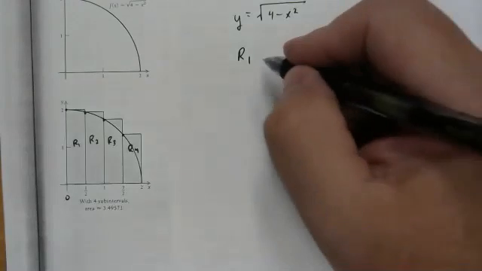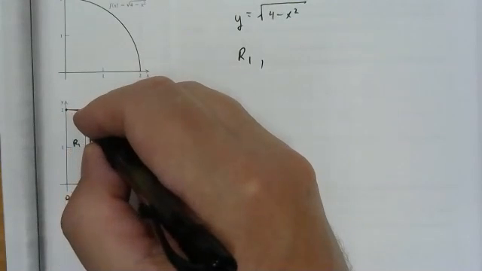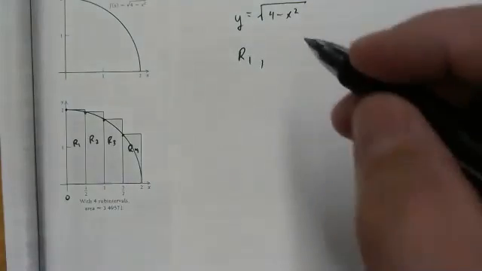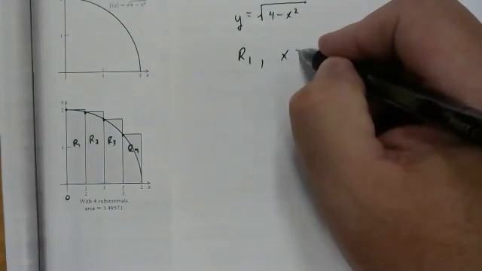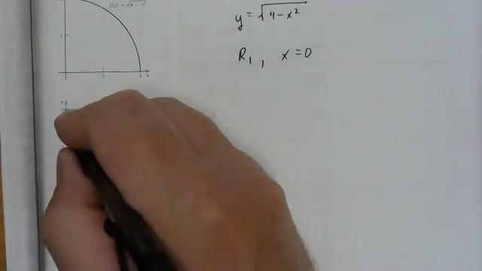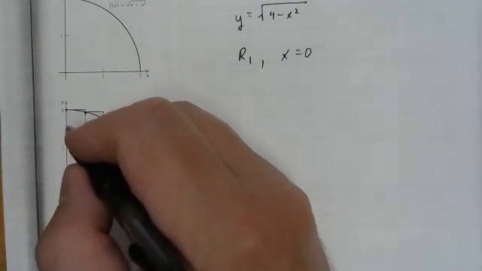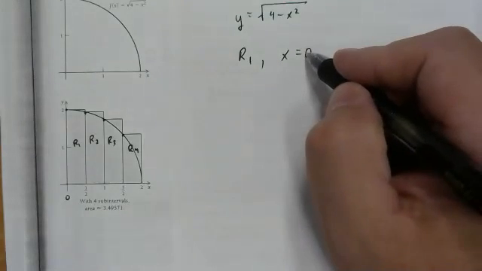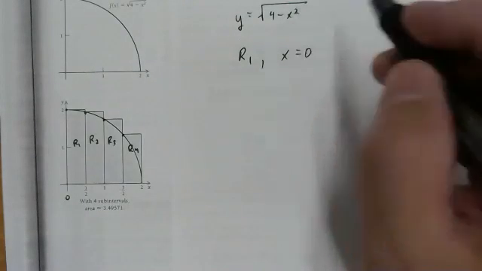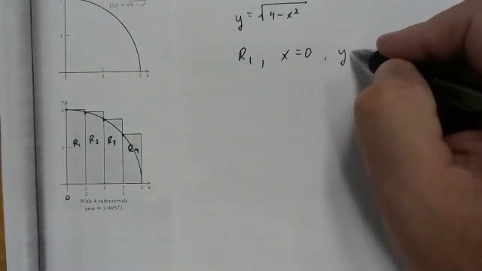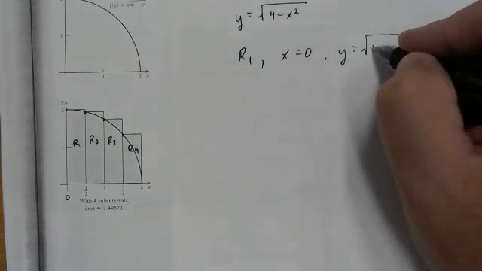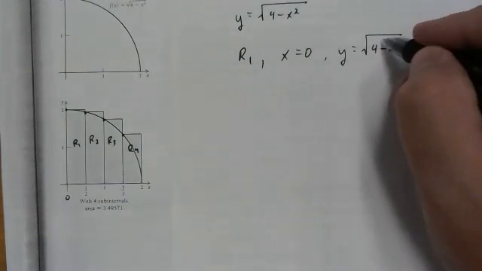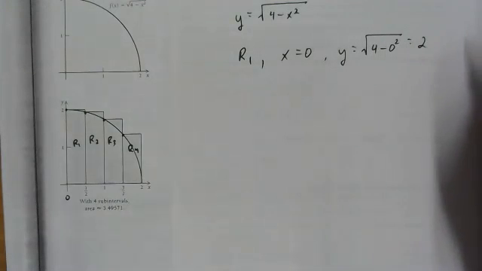For rectangle 1, what is the value of x on the left side of my rectangle? Right up here, x is 0. I need to find the value of y. I put 0 into my equation. y equals square root of 4 minus 0 squared. That's square root of 4, it's 2.